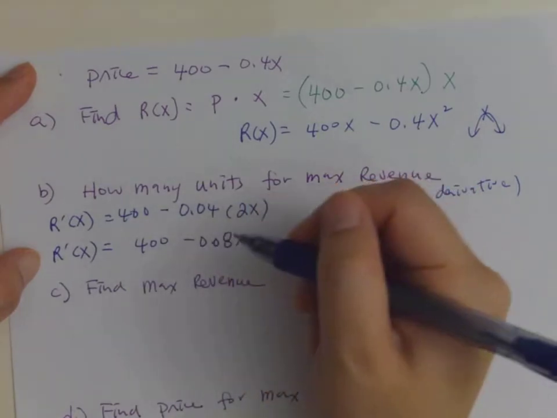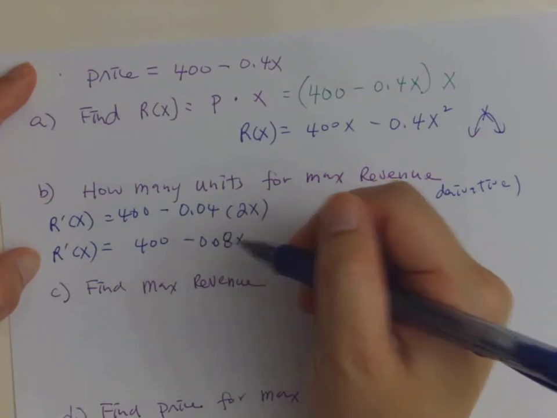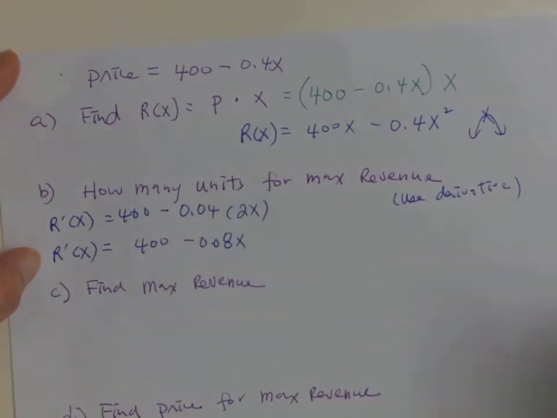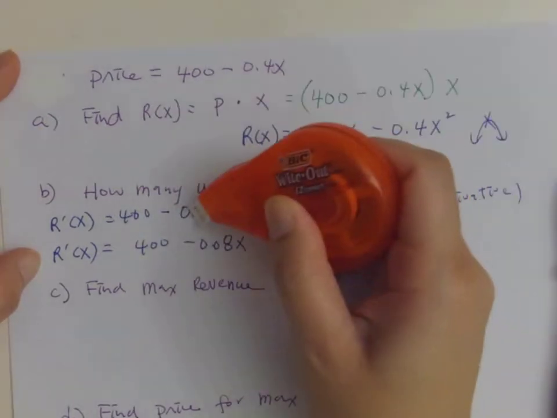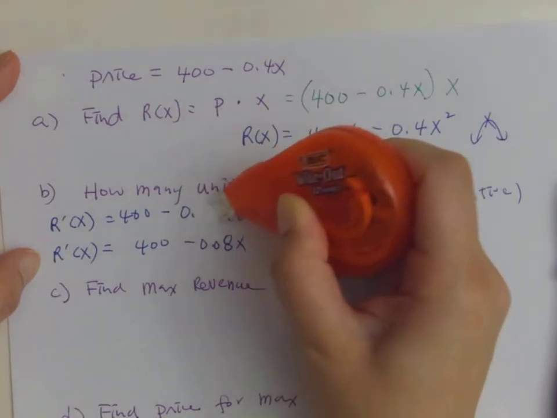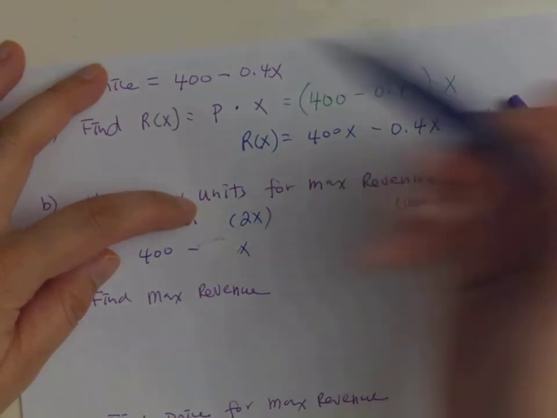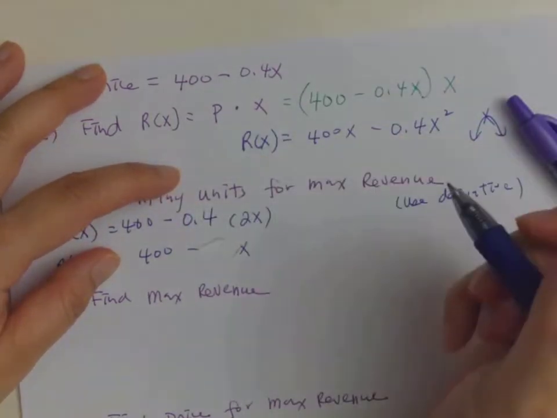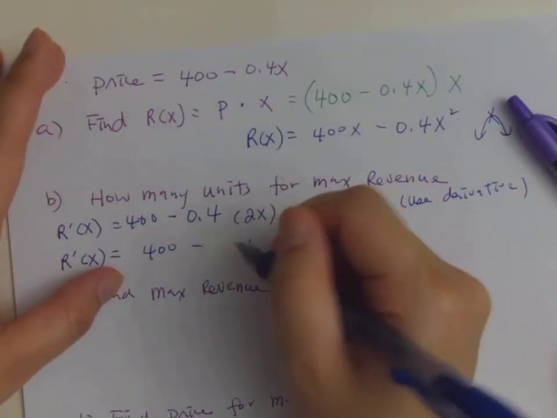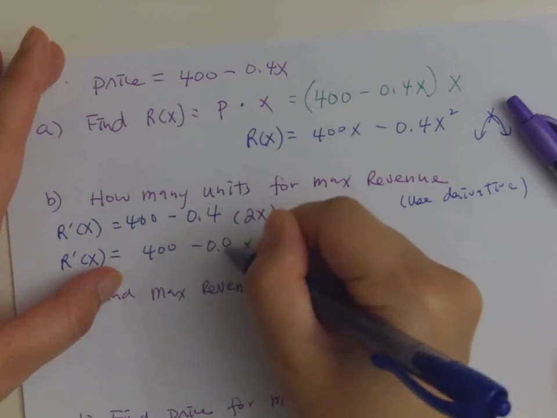Sorry, I copied it wrong. It was 0.4 here. So 0.4 times 2 is 0.8x.